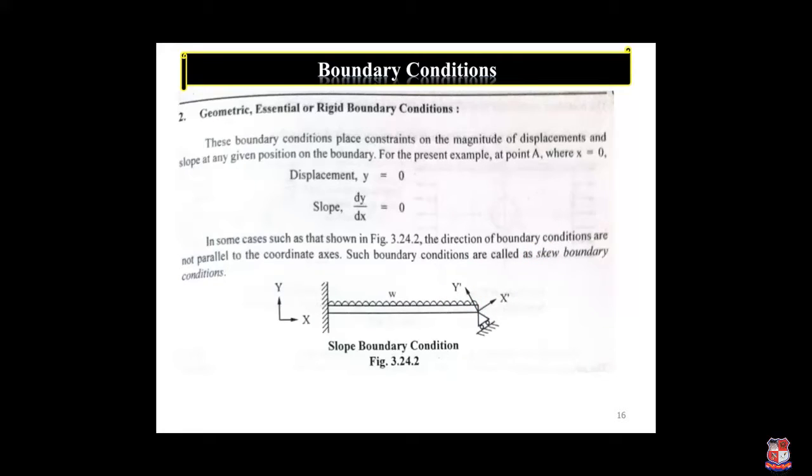In some cases the direction of boundary conditions is not parallel to the coordinate axis, because there is a roller support or some other kind of support. At that time it will not be in the axial direction. Such boundary conditions are called skew boundary conditions. You can observe it written here: skew boundary condition.